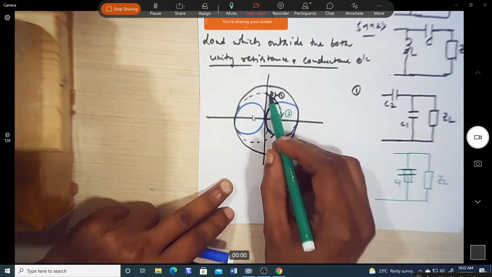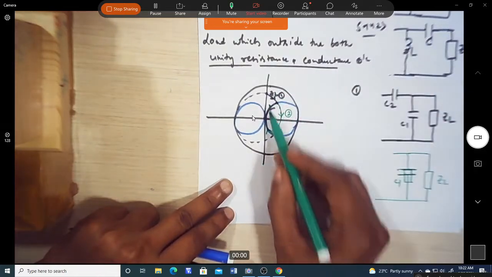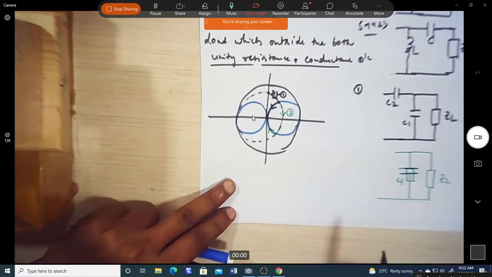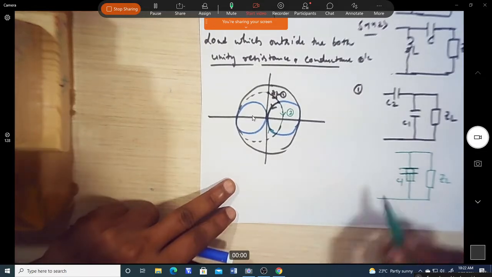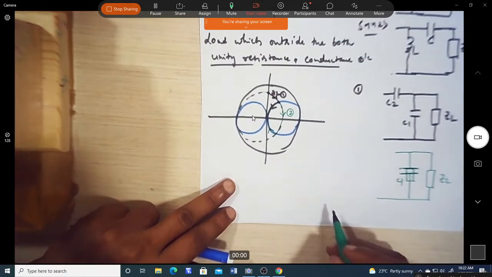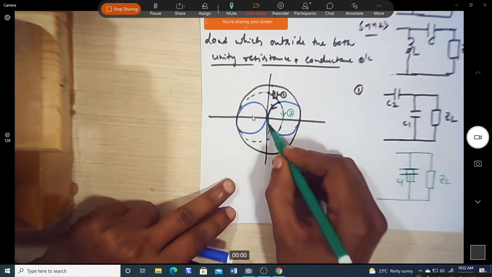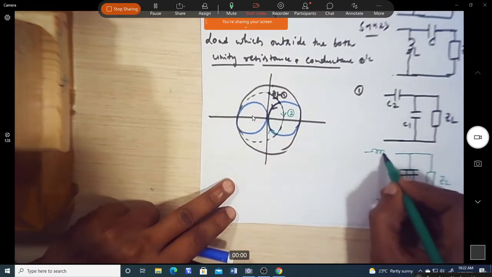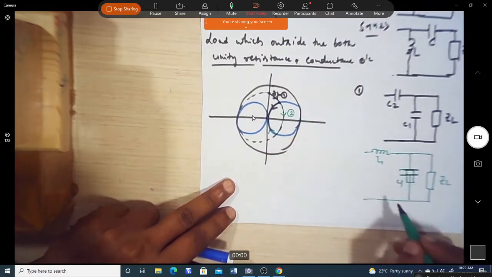From here to here, you have to find out how much susceptance is offered by this capacitor, and then find the corresponding capacitor at the particular frequency. Then again moving upwards on the resistance circle, it will be a series inductor. So this is solution 2.